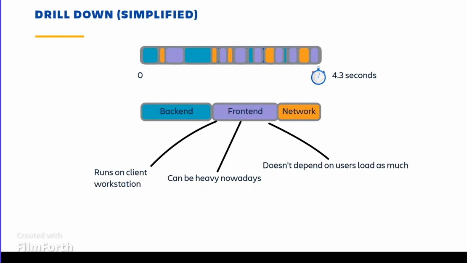While on the front end, it depends a little bit on the client workstation. It doesn't depend on load as much, because you execute this code in your browser or on your laptop. Even if there are 1,000 concurrent users using your app, the client code is still executed only on your laptop.